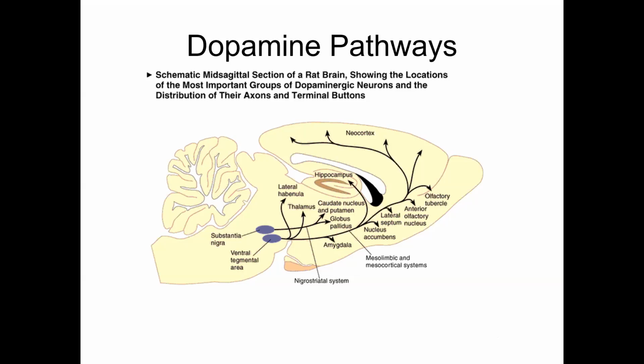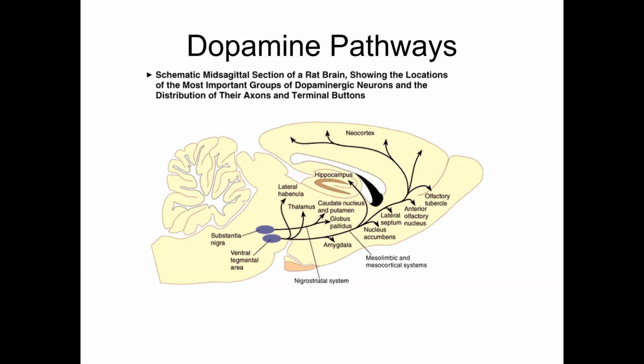So inserted within there are a whole series of predominantly dopaminergic, but also a sprinkling of noradrenergic cells in the diencephalon. The vast majority of these cells actually reach and go all the way down into the spinal cord.